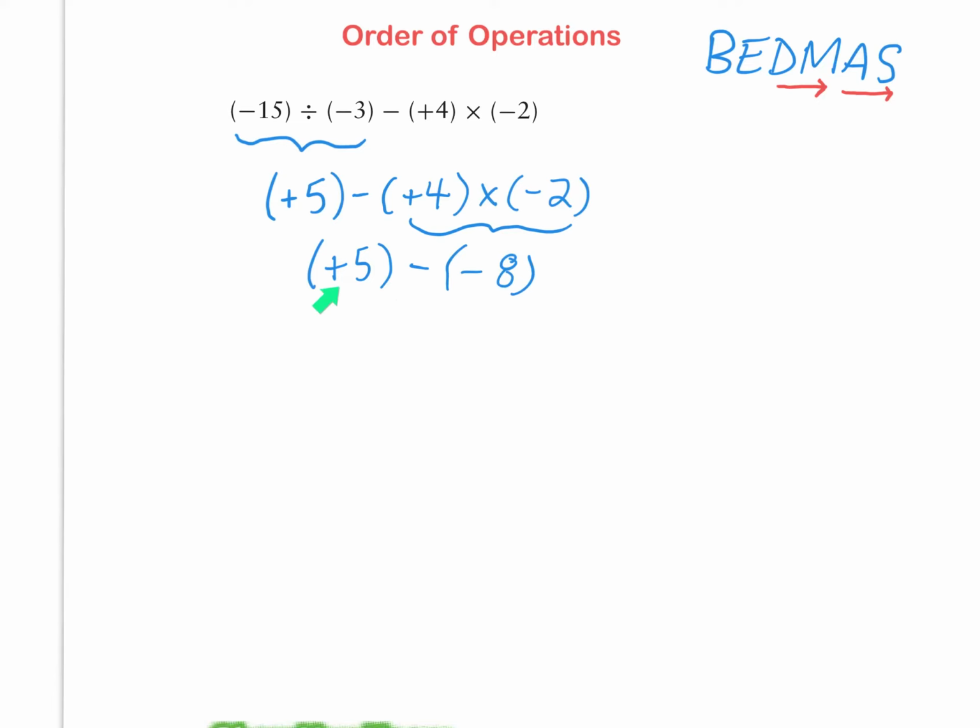If you take away coldness, it's got to get warmer. So in fact, the answer here is positive 13 and we are done. So that's the first example.